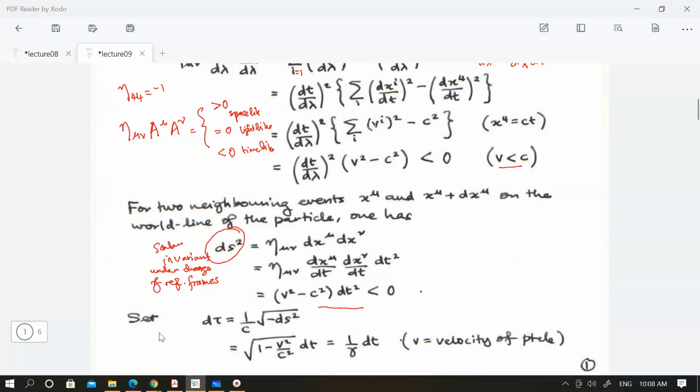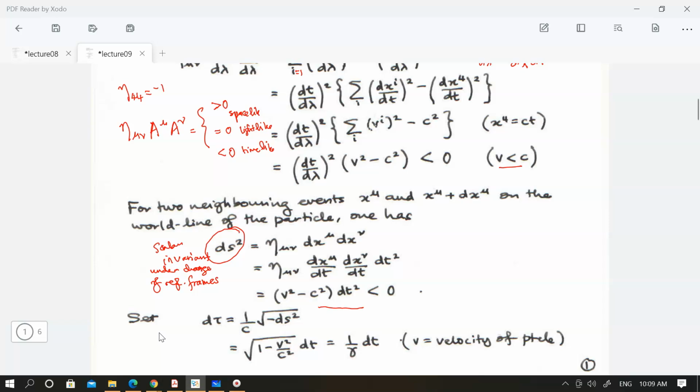So I can set that to be a parameter that parameterizes your curve previously, because it's something that doesn't change with respect to change of coordinates. So I'm going to set this thing negative. Now we take this ds squared, but ds squared is negative, so I'm putting a minus sign here so that it becomes positive. Then I take the square root, and I multiply it by 1 over c.